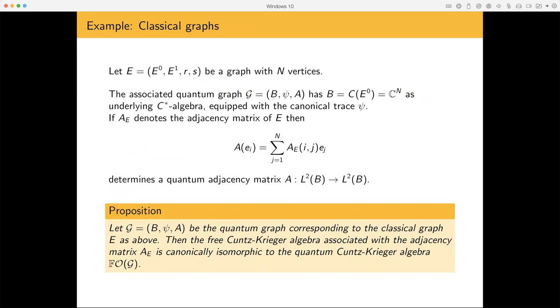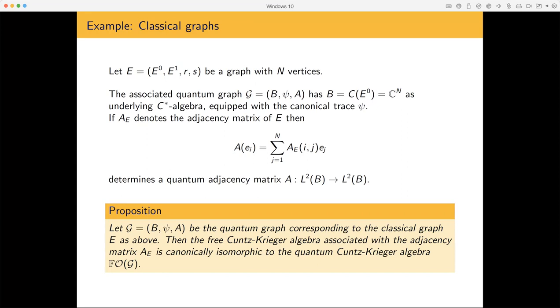So you can decipher this definition if you like, and you can write it out explicitly if you choose a basis in your C-star algebra B, and then write out the relations in terms of the basis, and I'll show you some examples. Just to begin with, if you take a classical graph, then remember that gives us a quantum graph by just looking at functions on the vertices and taking the adjacency matrix as our operator. And in this case, the construction on the previous slide gives you this free Cuntz-Krieger algebra.